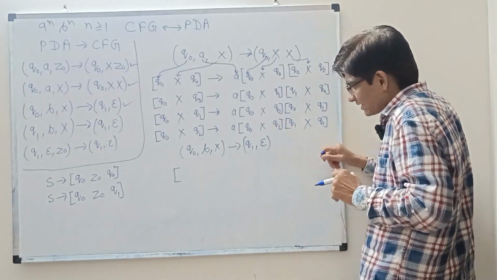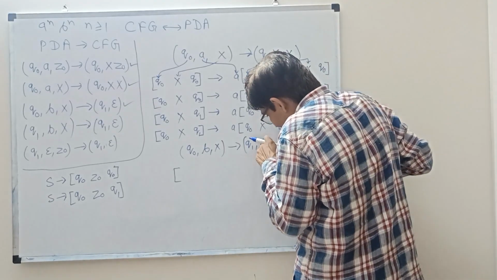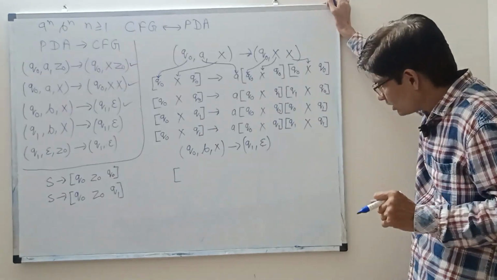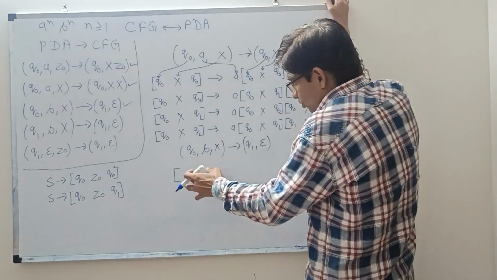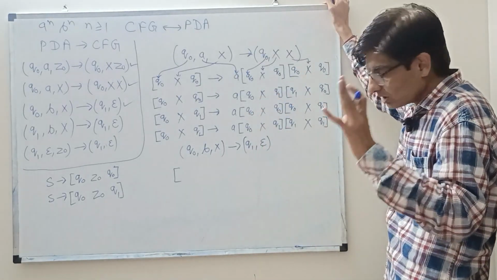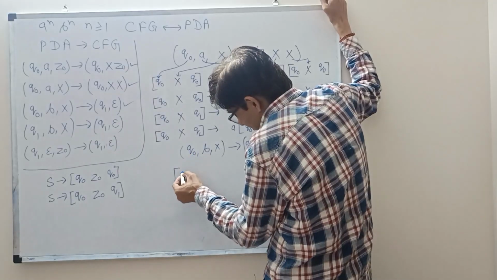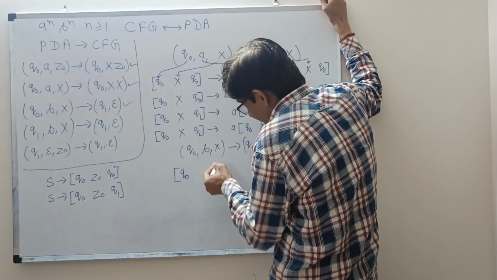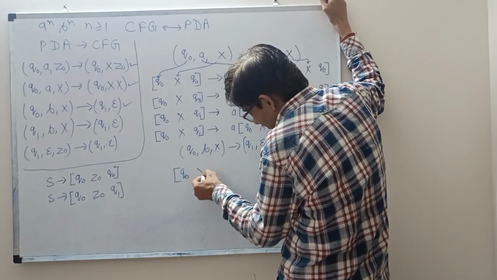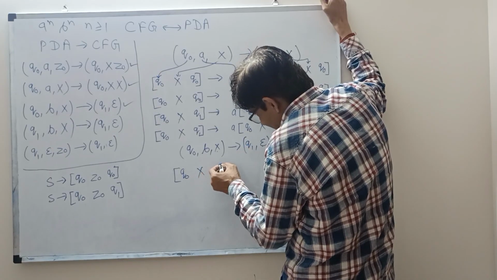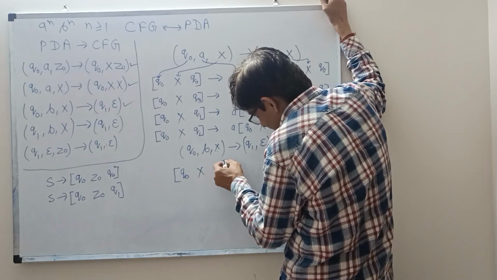Now in this case, if you are having epsilon in the right hand side of any transition rule, then it will have only one corresponding production, and that would be created like this. So this state would be coming here Q0, this X would be coming here X, and this state would be coming here Q1.